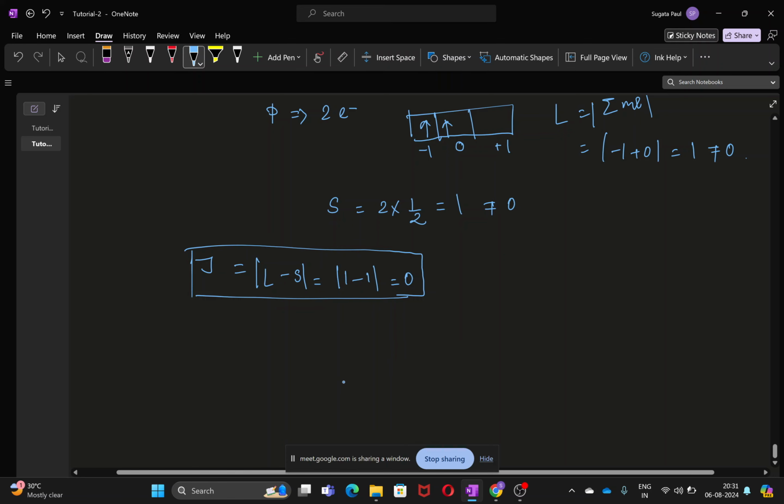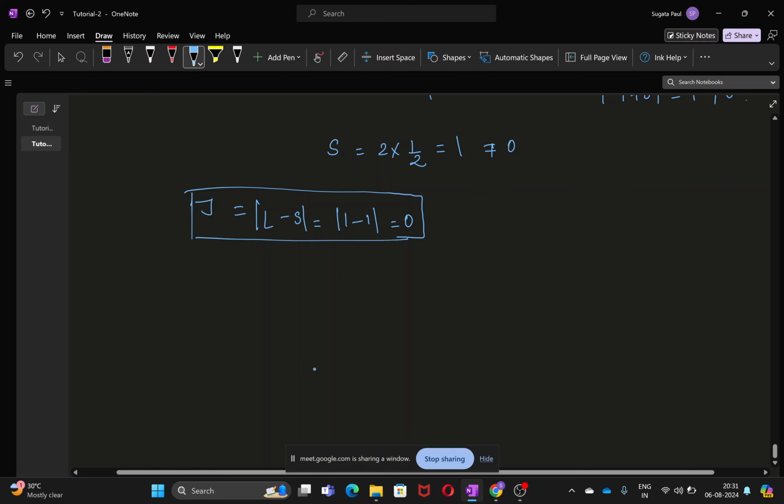And so if your J is 0, then just remember the energy perturbation expression that you learnt in the lectures. So you had learned from the perturbation theory, if you encounter the different terms in the energy correction, the first term goes like mu B times n L plus gs n.